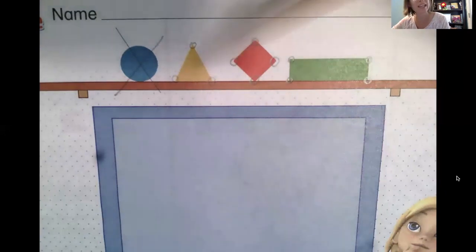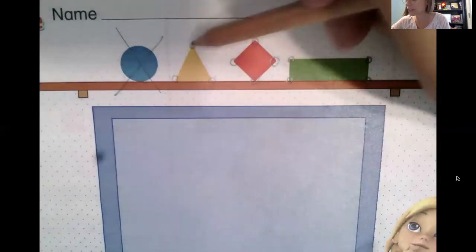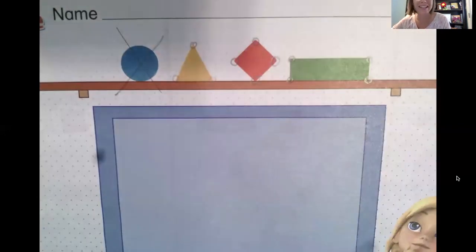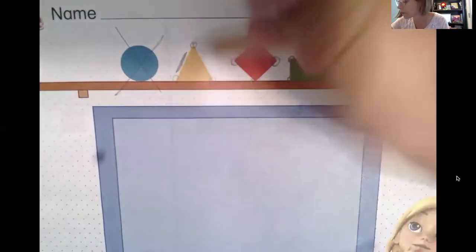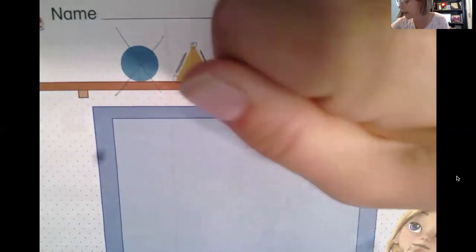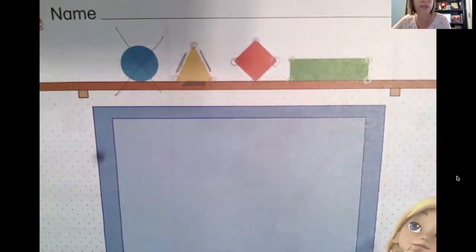Do you think it can be the triangle? No. The triangle only has 3 corners, and it does not have 4 equal sides. It has 1 right here, 1 right here, and 1 right here. That's only 3 sides.